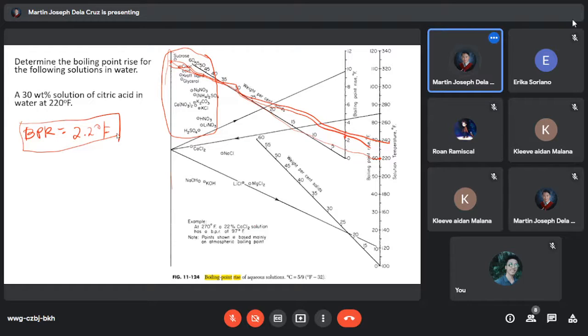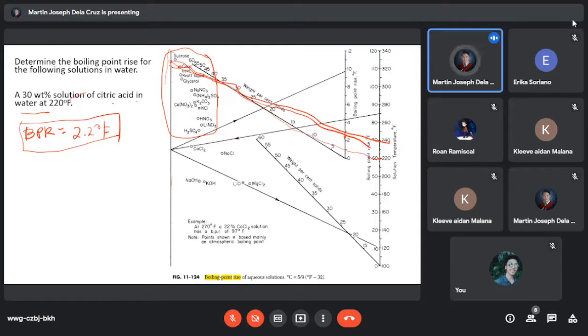So, dito class, hindi pa tayo mag-assume, 'di ba? May mga problems na nag-assume tayo ng faulty boiling point rates because class na naka-solution na siya dito. Mag dadalute pa lang siya sa water class. Okay? So, 38% of citric acid in water.